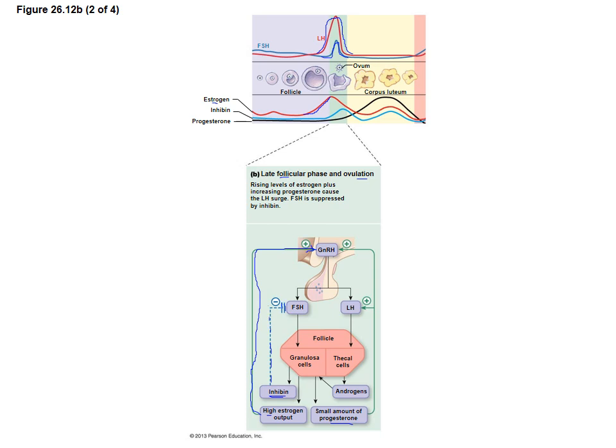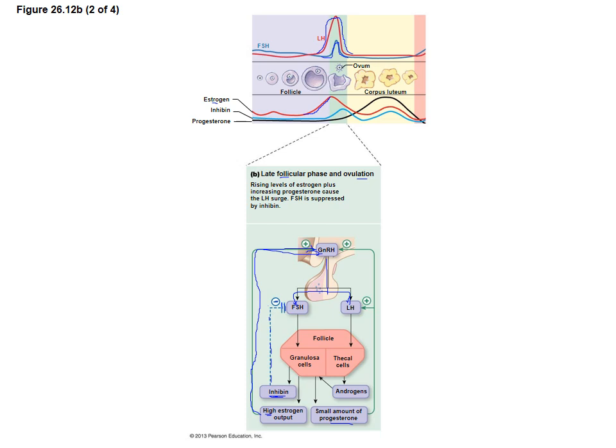So it means that the high estrogen output from the granulosa cells initiates this positive feedback on the gonadotropin releasing hormone. Gonadotropin releasing hormone then initiates the release of luteinizing hormone, causing a surge of luteinizing hormone, but to a lesser extent a surge of follicle stimulating hormone, because follicle stimulating hormone is being inhibited by inhibin, which is released from the granulosa cells.